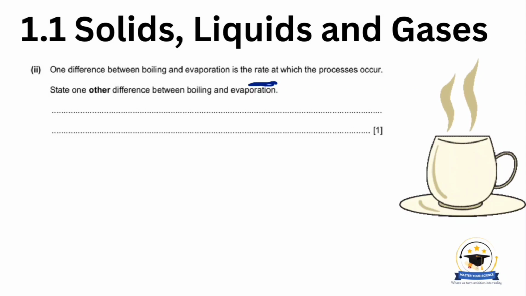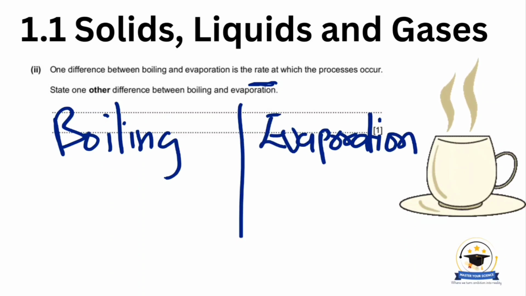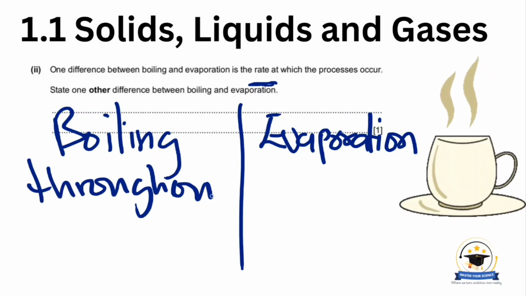The first difference is that boiling takes place throughout the liquid, whereas evaporation only takes place on the surface. So we've got throughout the liquid, then on the surface.